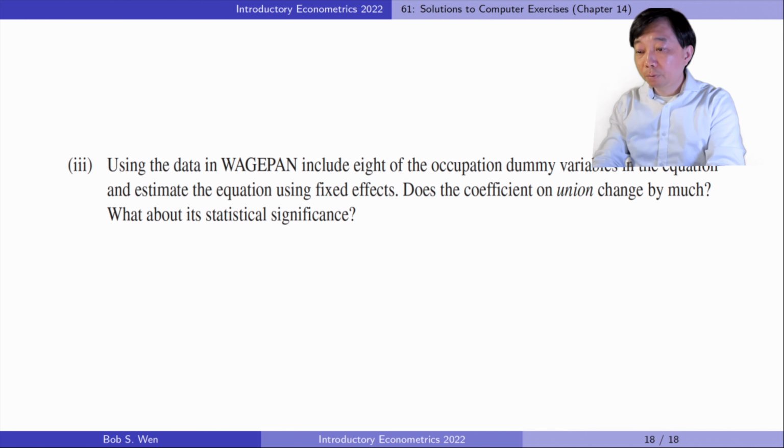In part 3, we include 8 occupation dummy variables in the equation and estimate the equation using fixed effects. Does the coefficient on union change by much? What about its statistical significance?